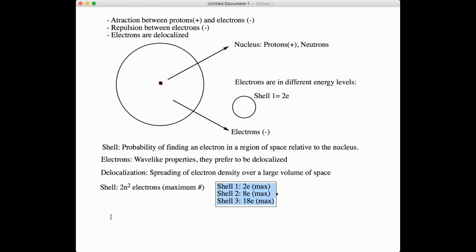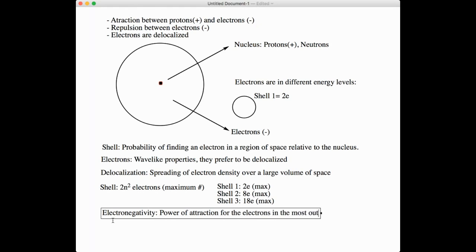So I'm going to also now take this opportunity to define something that is very important in organic chemistry, and it's called electronegativity. We are going to define that as the power of attraction of the nucleus for the electrons in the outermost shell.